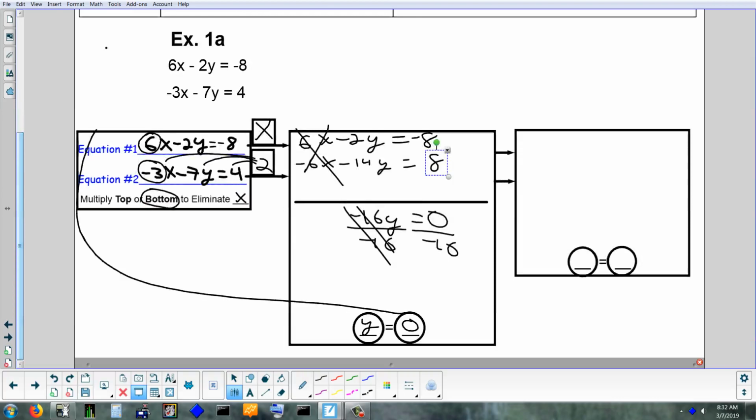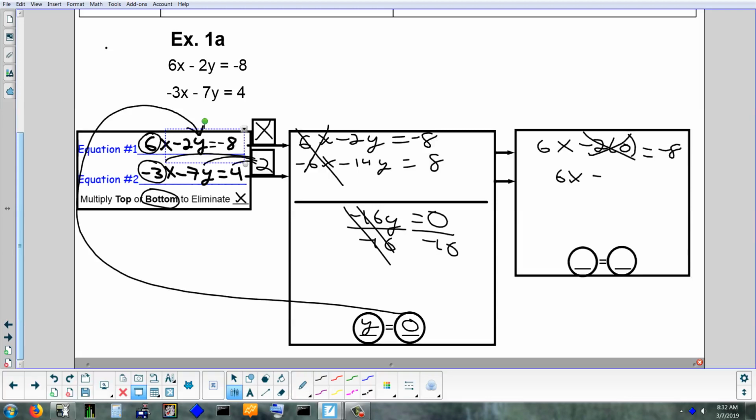I'm going to fill that in. So what's going to happen when you do negative 2 times 0? It's gone. So all we're going to have left is 6x minus 2 times 0, which is gone, equals negative 8.